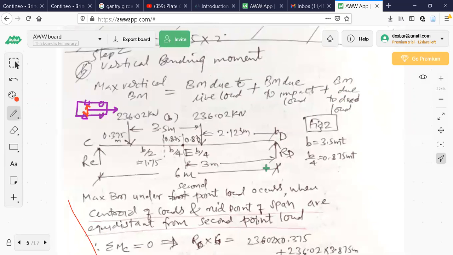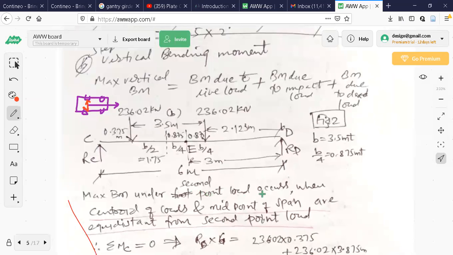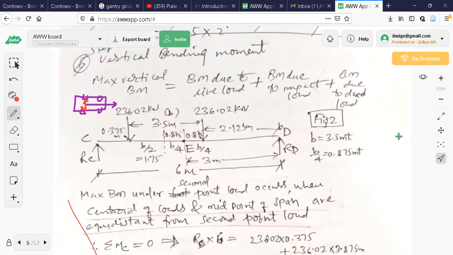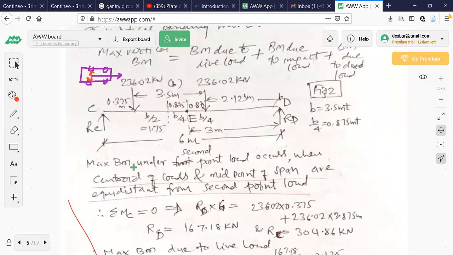Now what I have done here is, maximum bending moment under second point load occurs. There are 2 point loads, as per your analysis of determinate structures, influence line diagram. Maximum bending moment under second point load occurs when the centroid of these two loads and midpoint of the span are equidistant from the second point load.